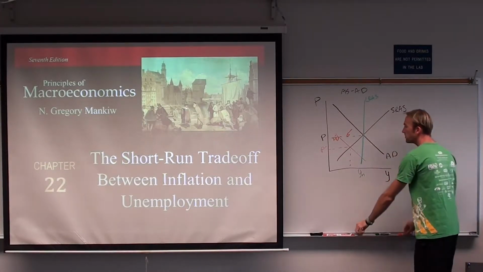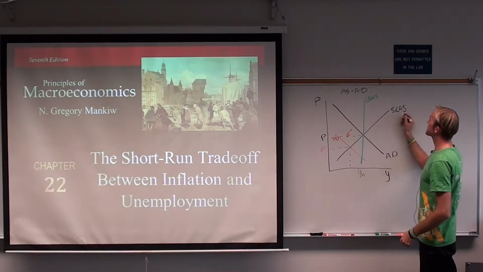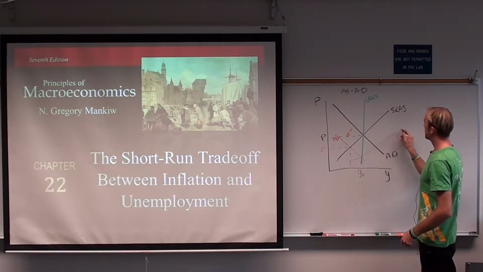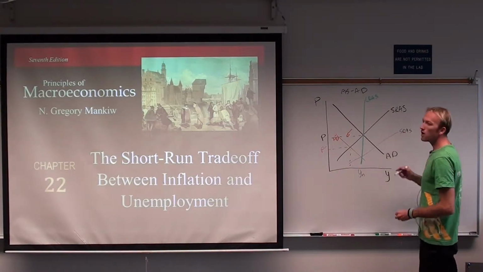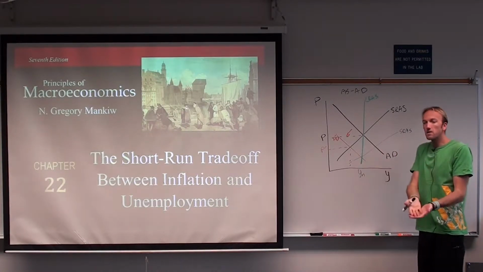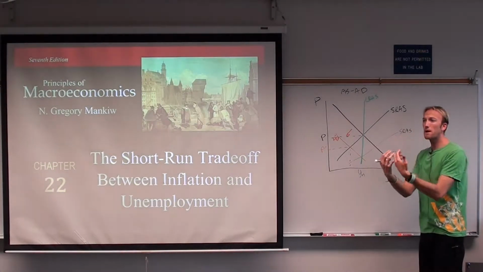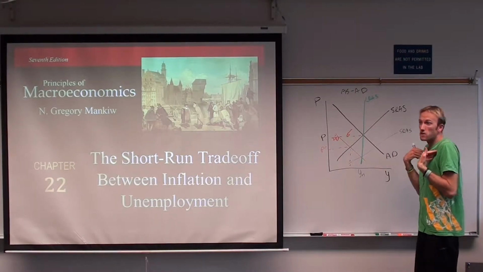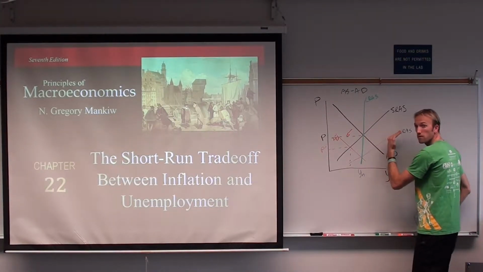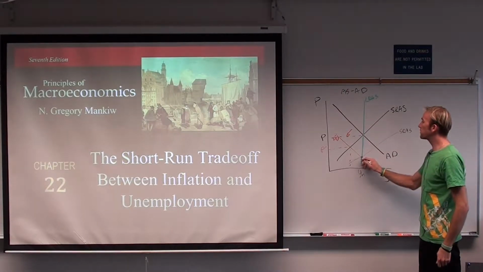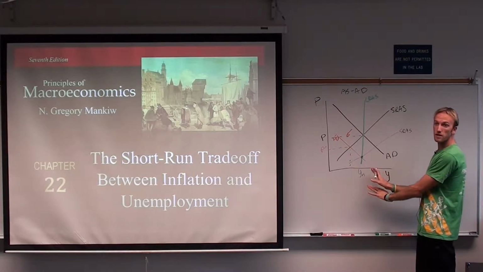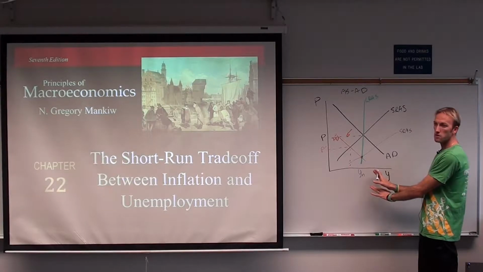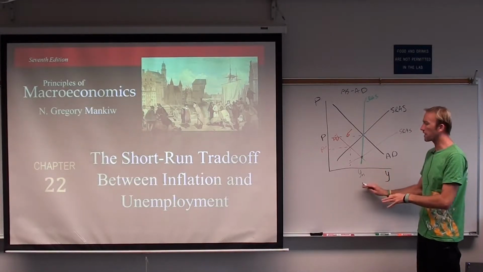And so what they do is they make their SRAS curve come forward to here because they're like, oh, the prices are going to be less in the future. So that means I can pay my workers less in the future. So my costs are not quite as bad. So in the future, I'm going to go ahead and supply more, right? And so that's how the society would naturally come back all by itself to the natural rate of output.